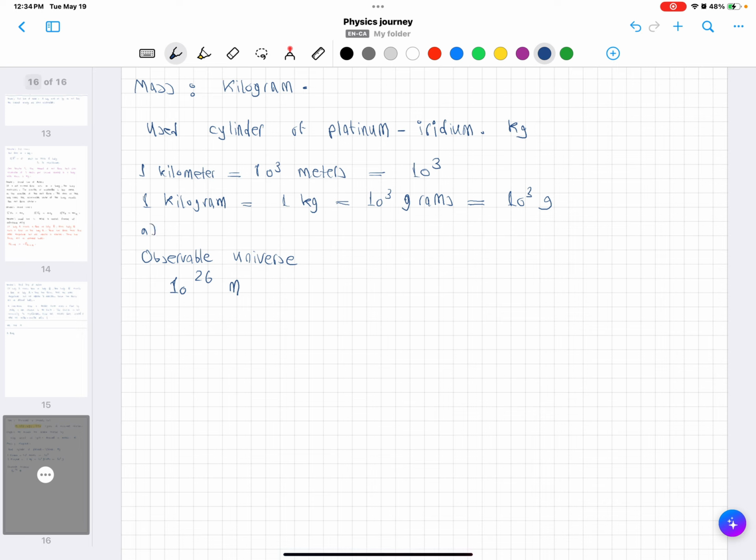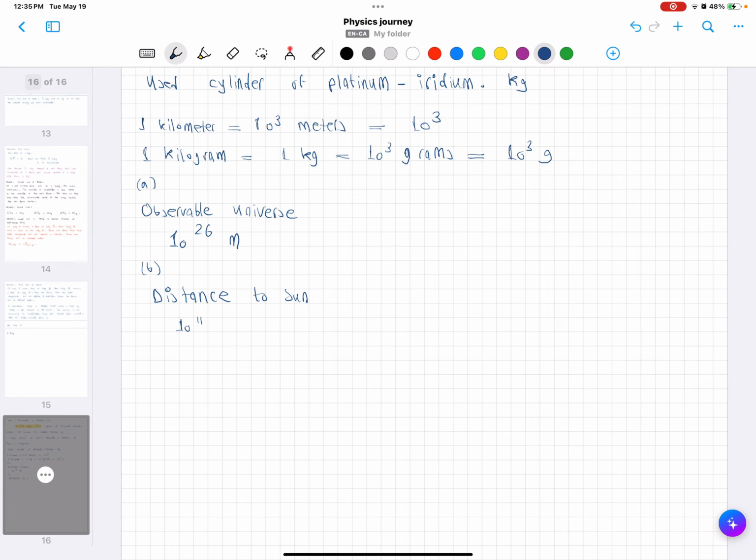That's A. B is the distance to the sun, 10 to the power of 11 meters. And C, the diameter of Earth is 10 to the power of 7 meters.